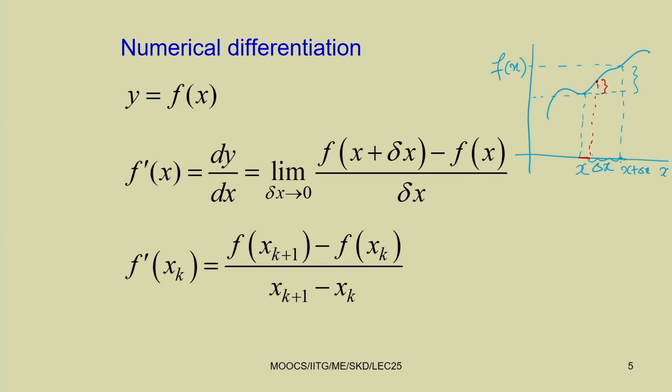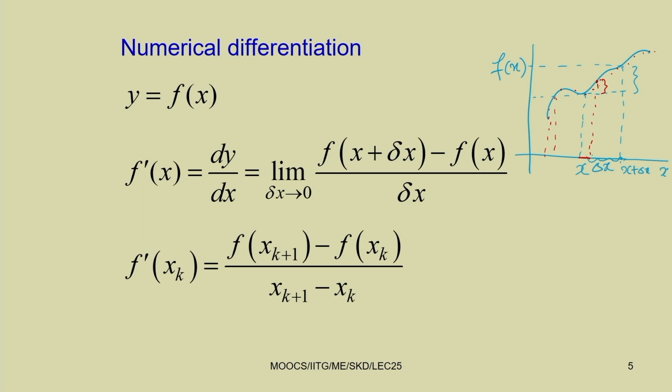Numerically when we are solving, we must know the different values of f x for particular values of x, and f dash x k. For example, k equal to 1, k equal to 2. That way we can find all the values, so we can find x k.